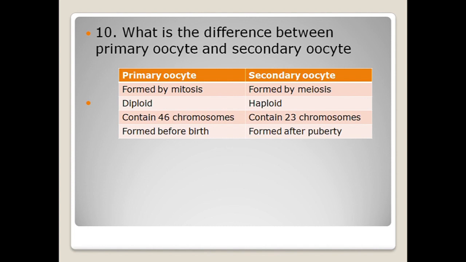Primary oocyte is formed by mitosis, while secondary oocyte is formed by meiosis. Primary oocyte is diploid, secondary oocyte is haploid. Primary oocyte contains 46 chromosomes, secondary oocyte contains 23 chromosomes. Primary oocyte formed before birth, secondary oocyte formed after puberty.